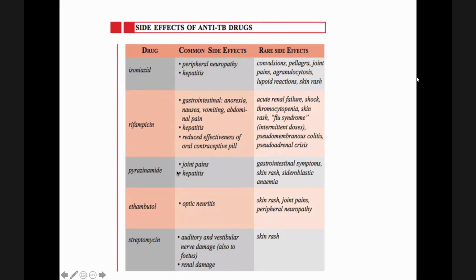We also have to advise the patient that if they have abdominal pain, vomiting, nausea, and all these things, which are signs of hepatitis, they should consult the doctor immediately. Then another is ethambutol. Ethambutol mainly causes optic neuritis, and streptomycin mainly causes auditory toxicity and is also nephrotoxic. These are the things that you should know.